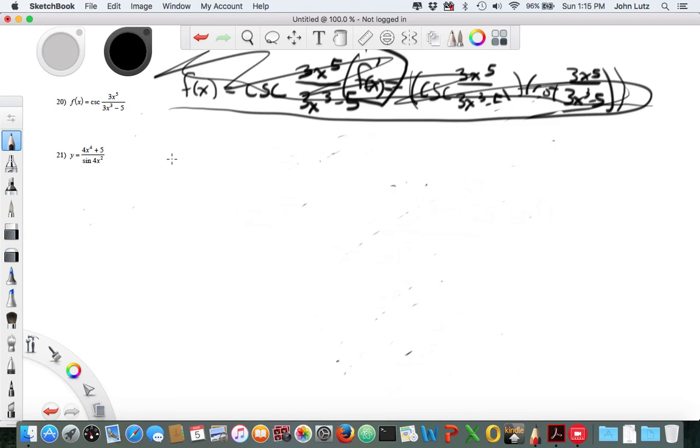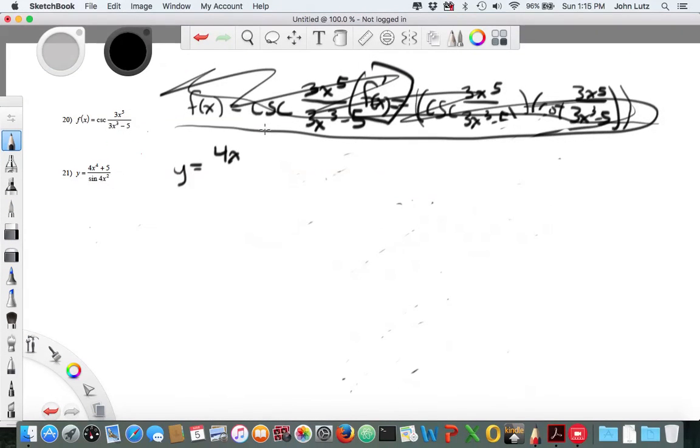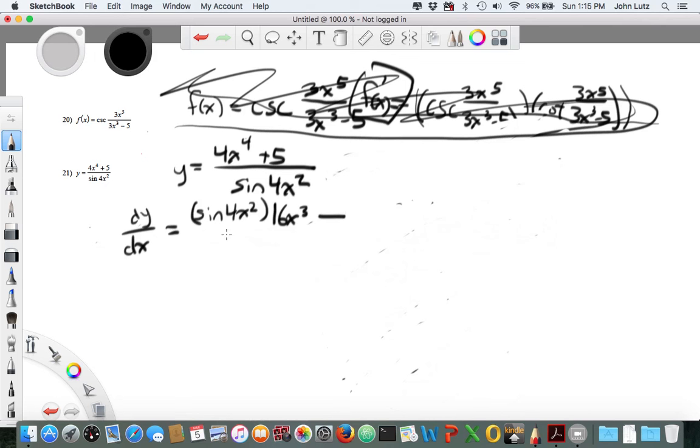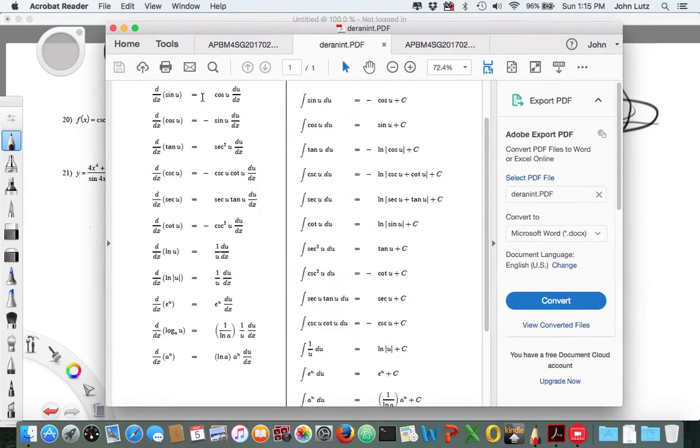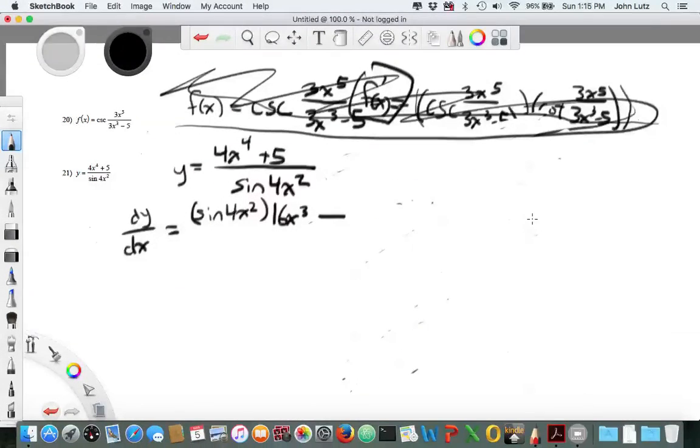Anyway, now if y equals 4x to the fourth plus 5 over sine of 4x squared, then dy over dx, using our quotient rule, equals the sine of 4x squared times the derivative of the top, which is 16x cubed, minus, and if we look here, the derivative of sine is cosine, which I'm pretty sure you guys have memorized anyway.